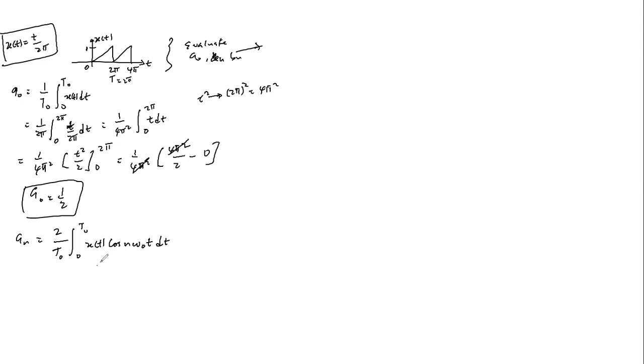But omega naught is the same as 2 pi over T naught, which is 2 pi over 2 pi, equal to 1. So An will therefore reduce to 2 over T naught integral 0 to T naught of s of t cos nt dt.